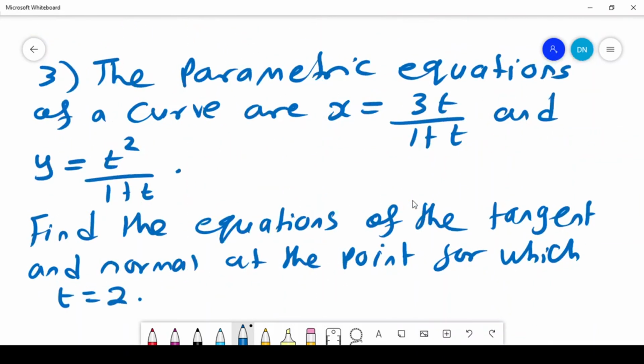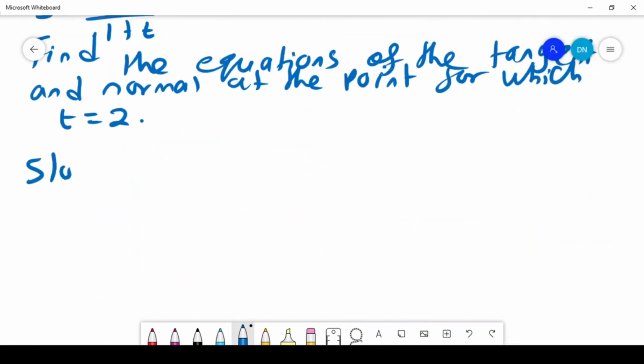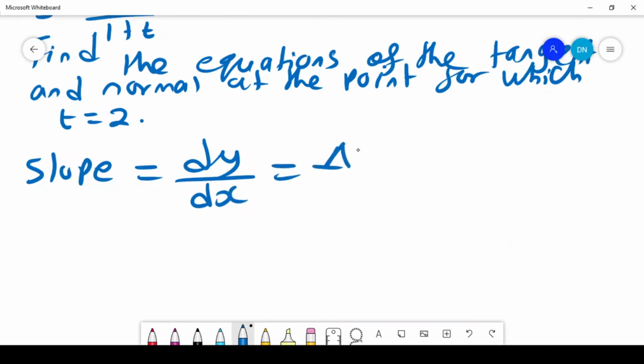Parametric equations of a curve are x is equal to 3t over 1 plus t and y is equal to t squared over 1 plus t. We want to find the equations of the tangent and normal at the point for which t is equal to 2. The slope is dy over dx, or if you want to put it in a slightly different way, change in y all over change in x.